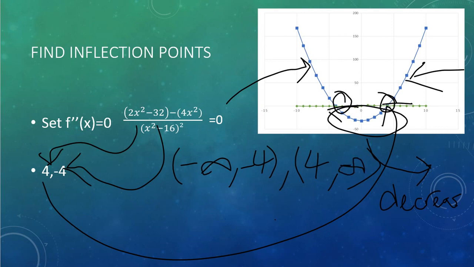And it would be decreasing from negative 4 to 4 if you wanted to write that in interval notation.